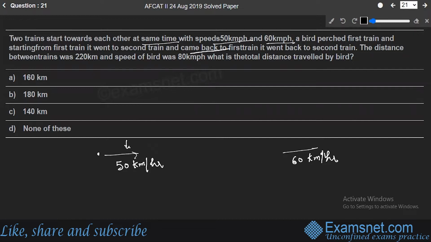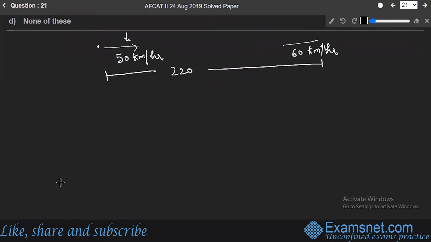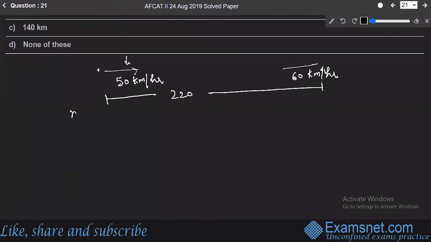Right. And then it came back to the first train and then again moved to the second one. The distance between the two trains is 220 kilometers. The speed of the bird is 80 kilometers per hour. What is the total distance traveled by the bird? Right. So first of all, let the net speed of the trains.